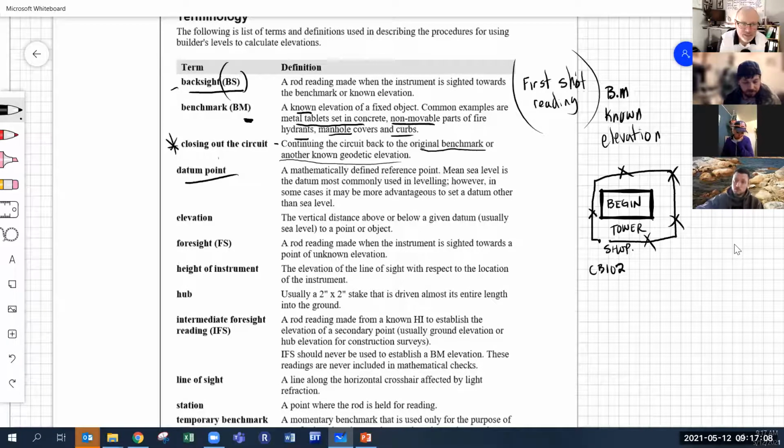Now, datum point is a mathematically defined reference point. Mean sea level is the datum point most commonly used in leveling. However, in some cases, it may be more advantageous to set a datum other than sea level. So this can also be a benchmark at some point.